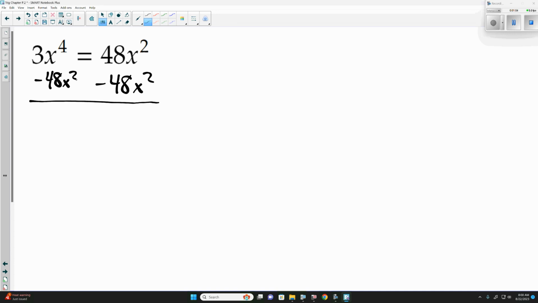If we subtract 48x squared from both sides, we're going to get 3x to the fourth minus 48x squared is equal to 0.